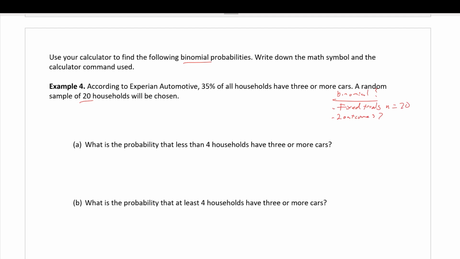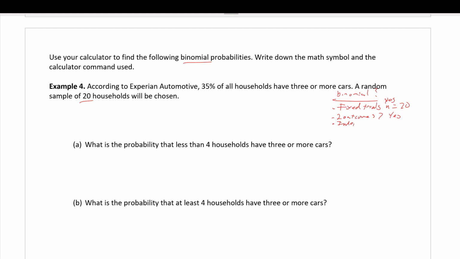They're going up to households and essentially trying to figure out if they have 3 or more cars, right? Apparently from some prior study, Experian Automotive, 35% of households have 3 or more cars. So there are 2 outcomes. Either you have 3 or more cars or you don't. Or you have less than that. So again, yes. This one's a yes also.